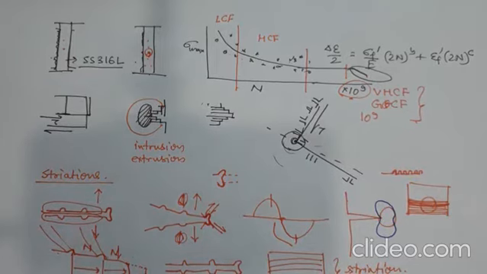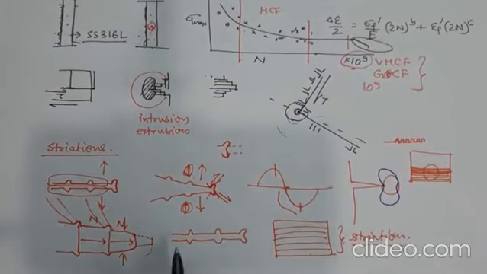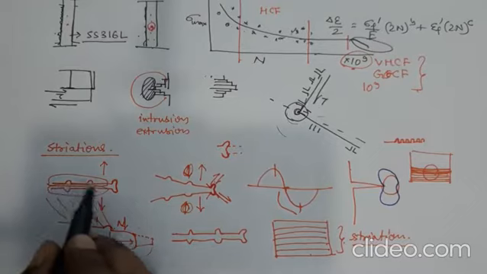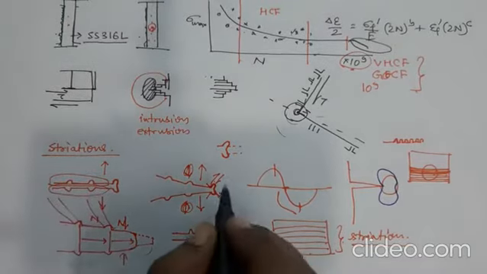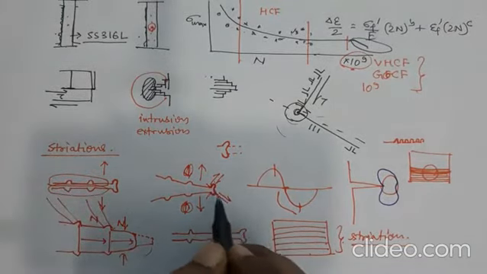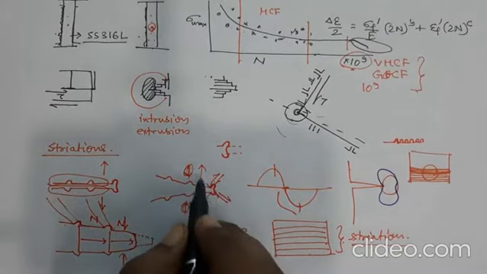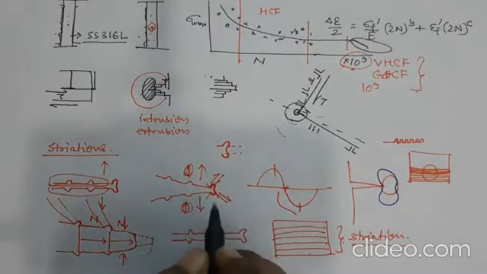So in the last lecture we discussed how a fatigue crack grows, and it grows in several stages. In the first stage, if there is an initial crack, it opens up and slip bands form at an angle of approximately 45 degrees to the applied stress condition.